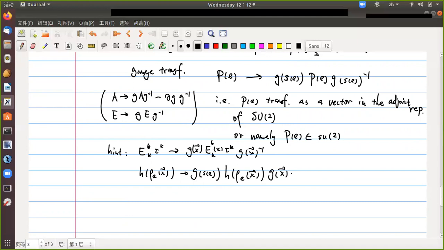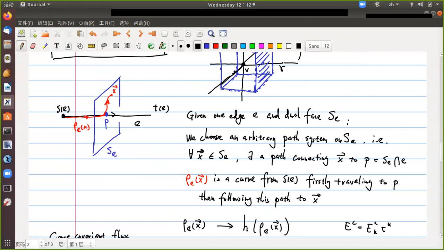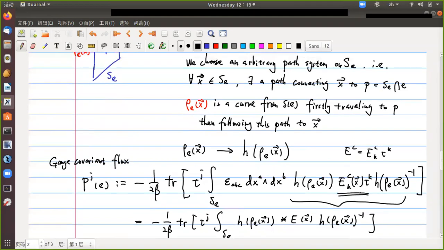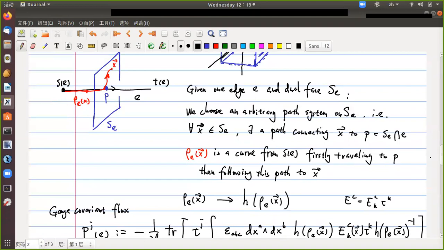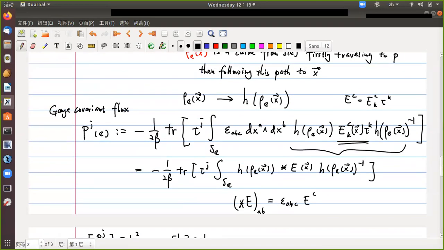But the target of the path is just the point X. Right. So here from this figure, you can see that the target of the path is just the point X, and the source of the path is here. The holonomy along this curve only depends on gauge transformations at these two points, and the gauge transformation of this E only relates to the gauge transformation located at this point. And if you plug in the formula, you can see these transform just like conjugation by H.